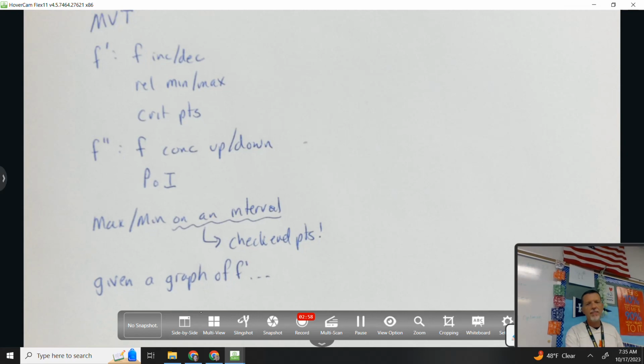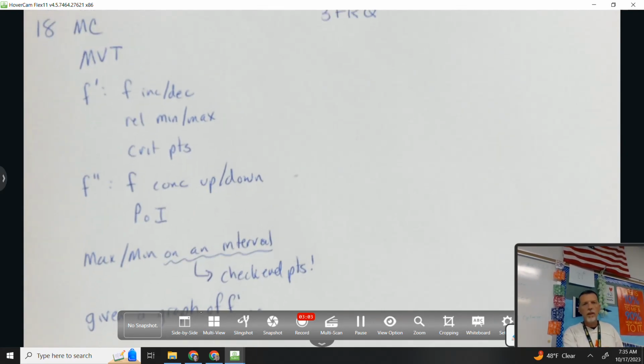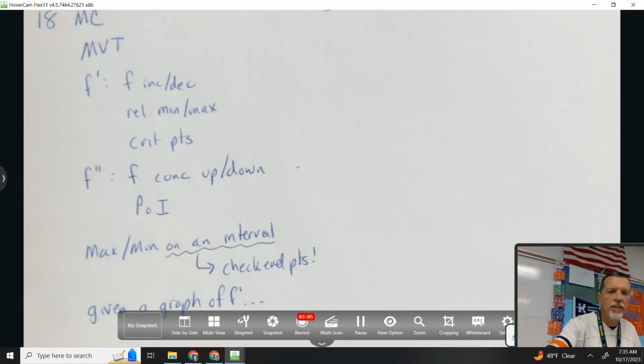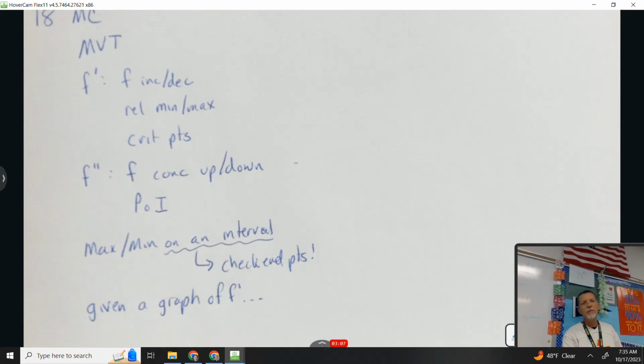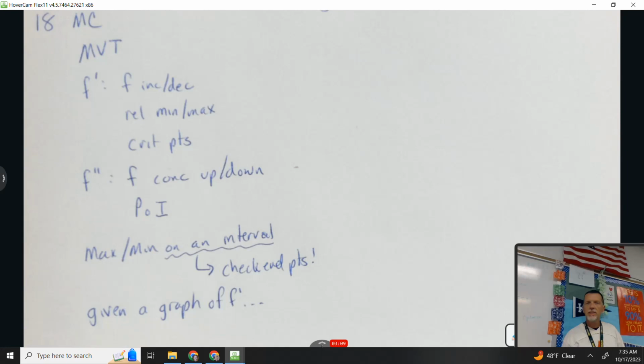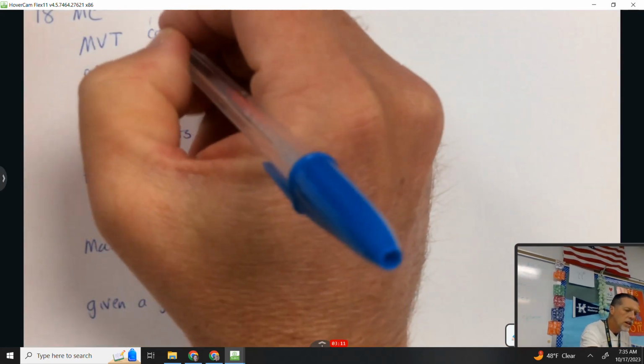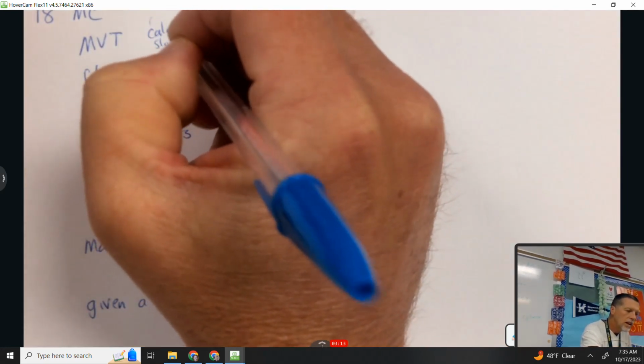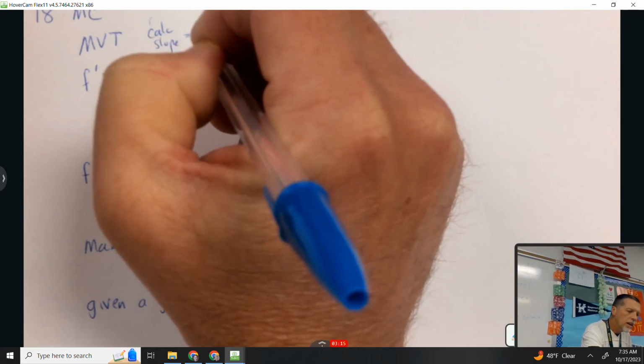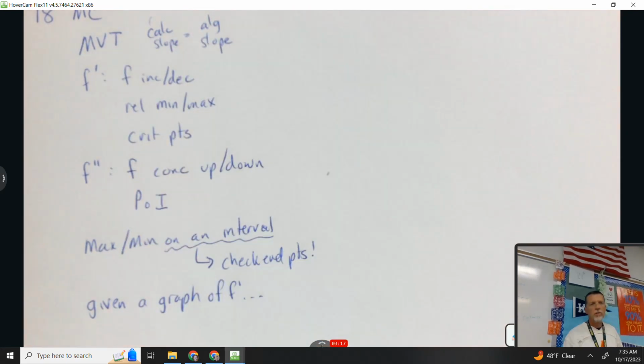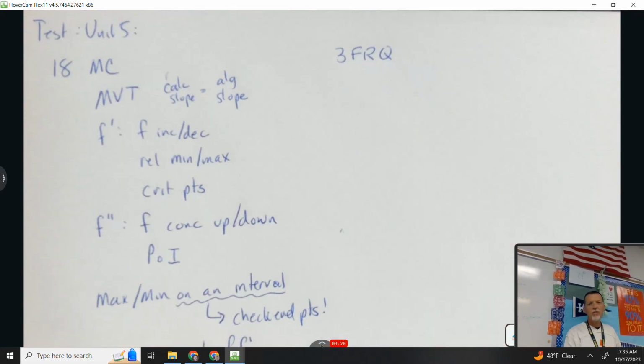So we can ask lots of questions when we give you the graph of f prime. Anything on there stand out as whoa, wait a minute, what's that mean? This is sort of a test outline and review at the same time.